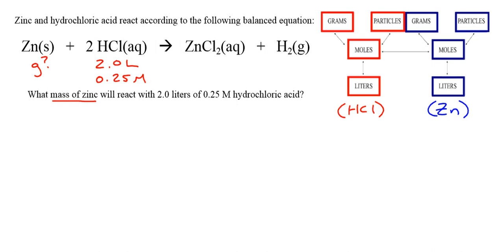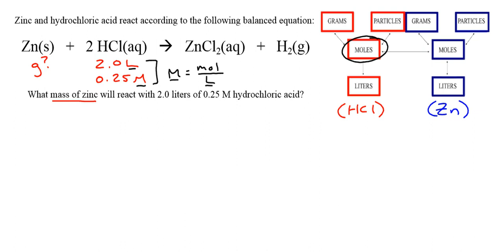So here we go. How can we utilize the information that we have? Well, molarity equals moles over liters. And I already have the molarity and I already have the liters. So I can find my moles, and I can land right there for my hydrochloric acid. So that's how I'm going to start this.